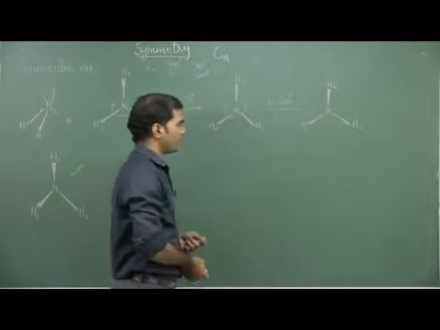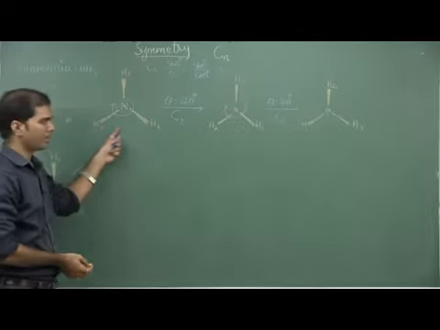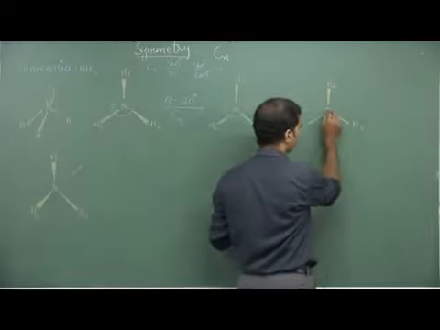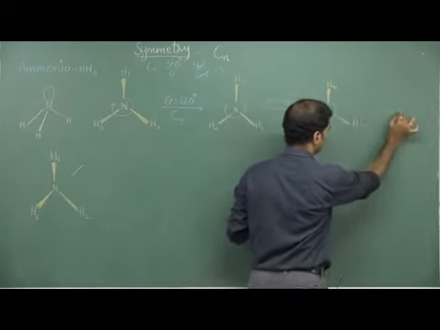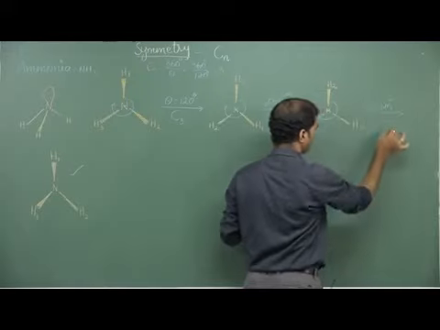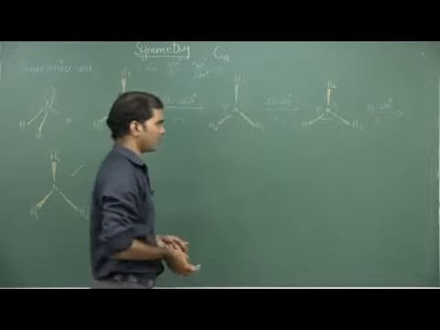Right. Now we still have a structure which is not identical to the original one. So let me perform one more rotational operation and let's check whether we get an identical configuration or not. So let theta be 120 degrees and it is another 3-fold rotational axis.